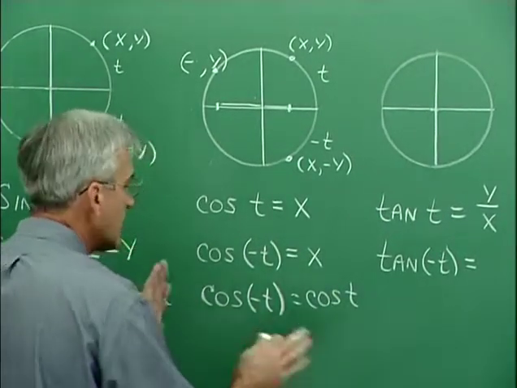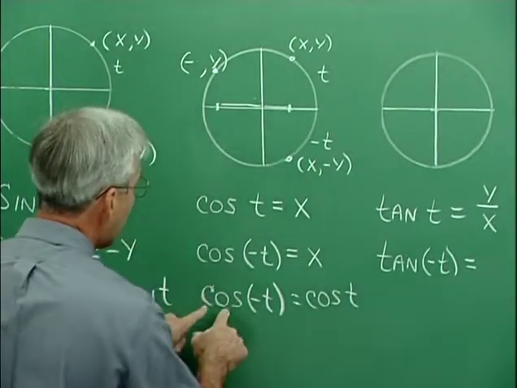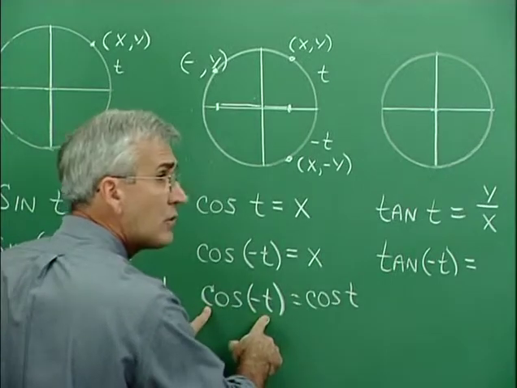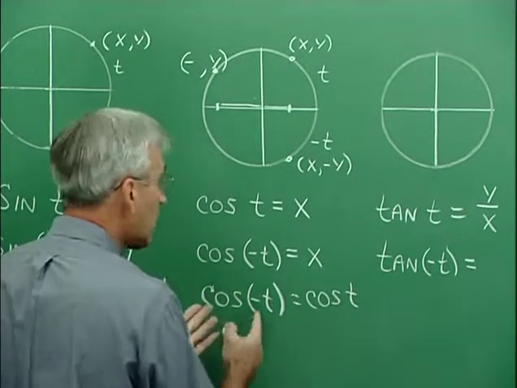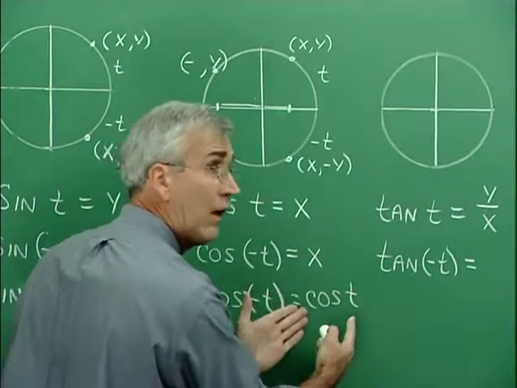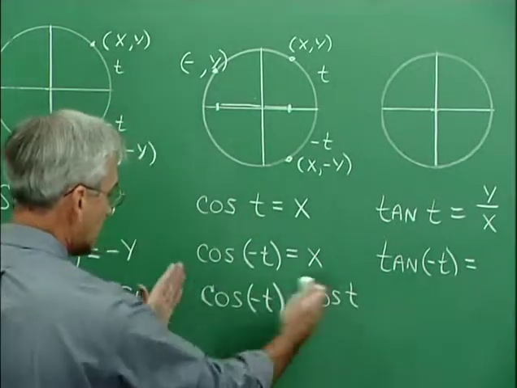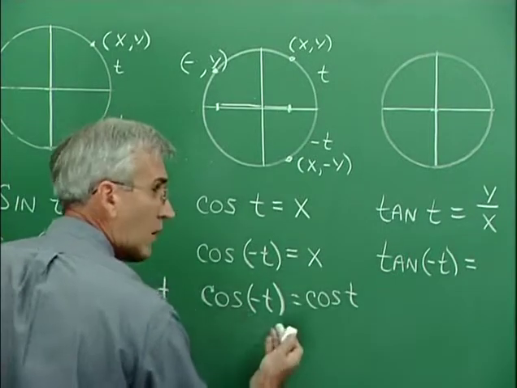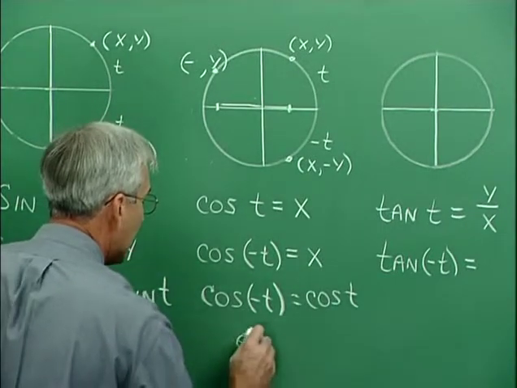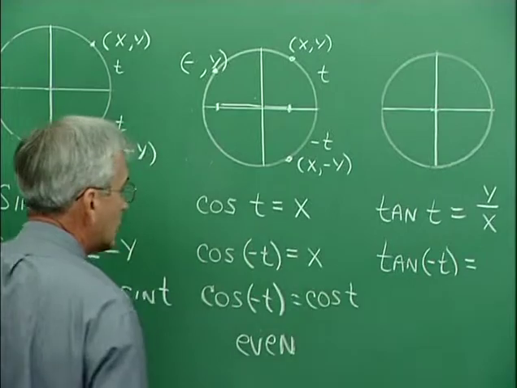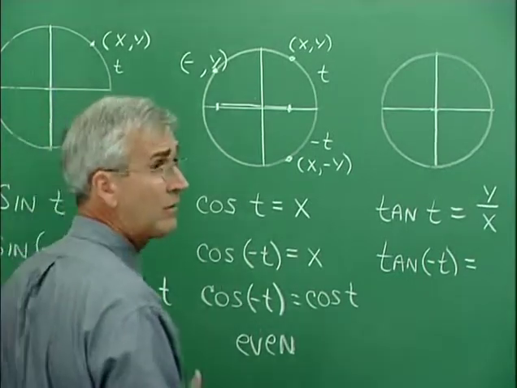This is important because when we're finding the cosine of negative real numbers, we can just consider it to be equal to the cosine of its positive counterpart. In terms of even and odd, this falls into the category of an even function. Now what about for tangent?